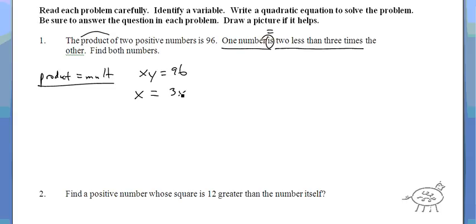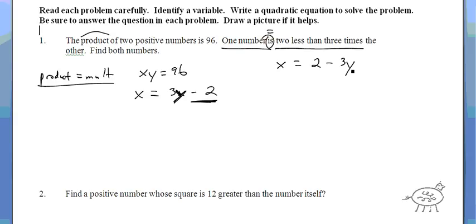So it's 2 less than 3 times the other. Remember guys, you always put your variable first, so this would be 3y, sorry. You should always do this where the number you're adding to or subtracting from, do that first, because this is a common mistake. People write, one number is 2 less than 3 times the other, and that's really bad.